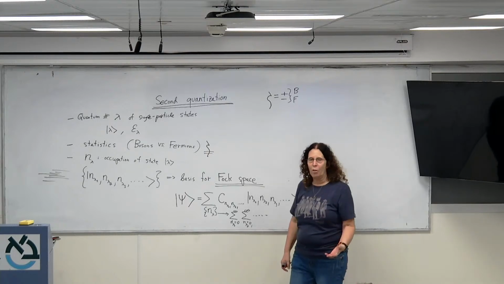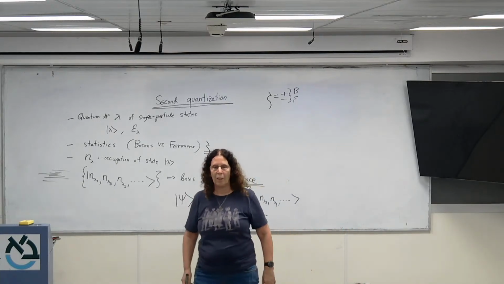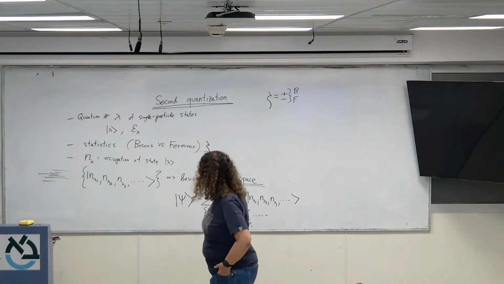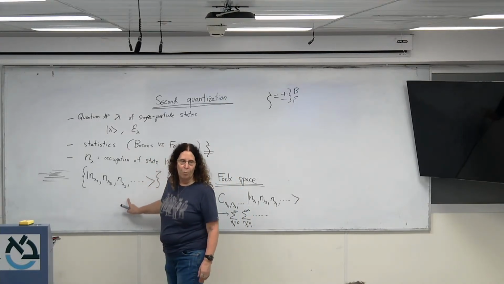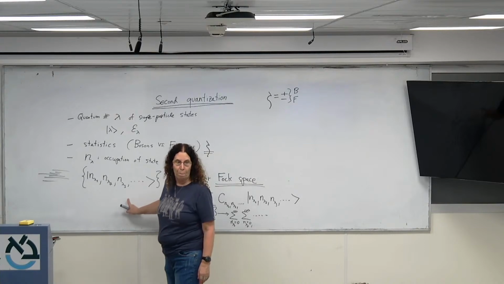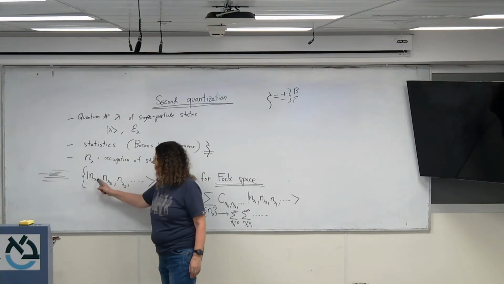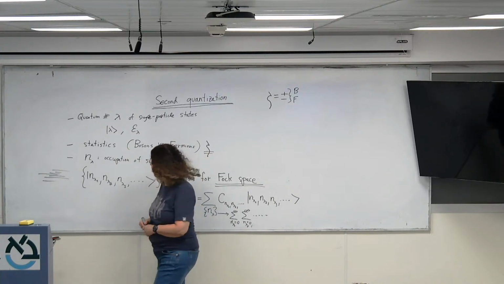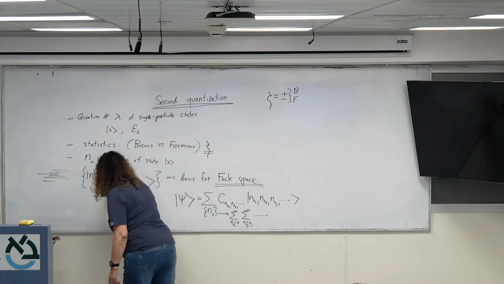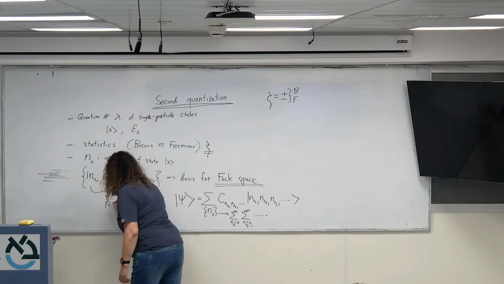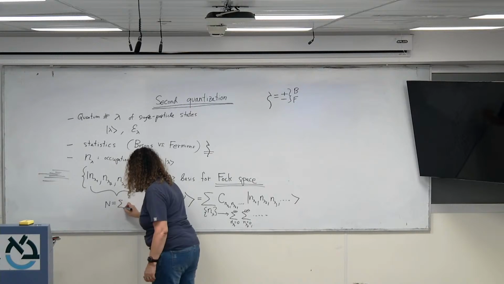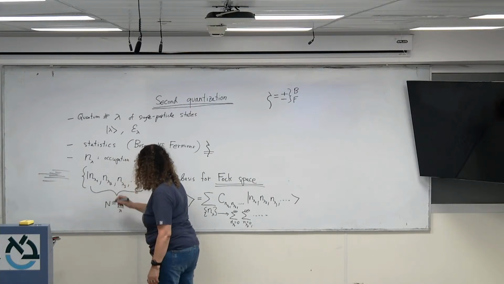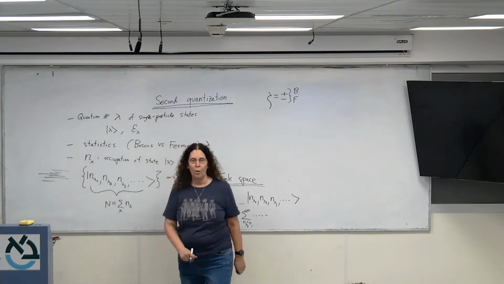Because what is going to be the total number of particles of such a state? For a basis state, it's just the sum of the occupations. So I can define the total number of particles to be the sum over all the lambdas of n lambda. Okay?